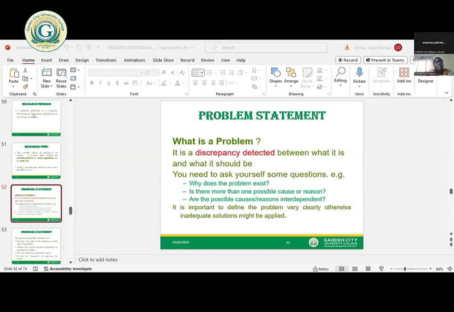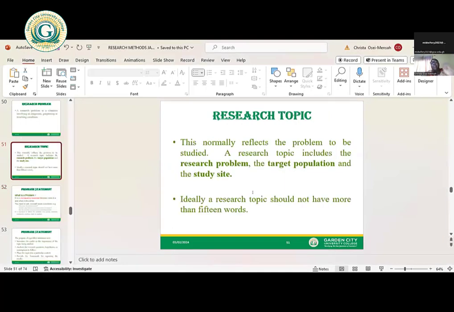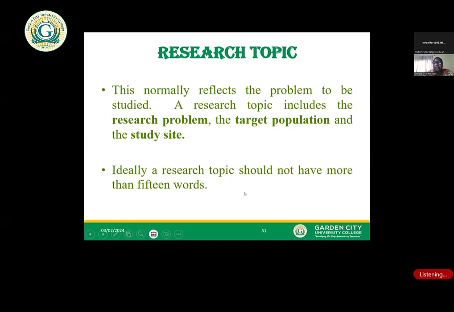So we started with the research process, where we looked at the research problem, that is the universe, and then the deriving of the topic, where we said that the ingredients in the topic should be such that the topic should reflect the problem to be studied, the target population, and the study site. Ideally, your topic shouldn't be more than 15 words.